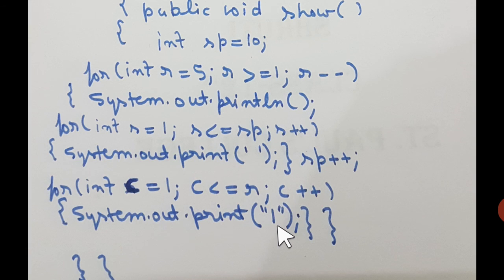Double quotes I have written here. Then curly braces are closed. This curly brace is for this inner loop, that is the loop for printing 1. And then this is very, very important closing, because it closes the loop of rows.